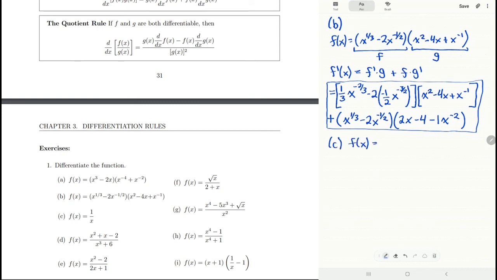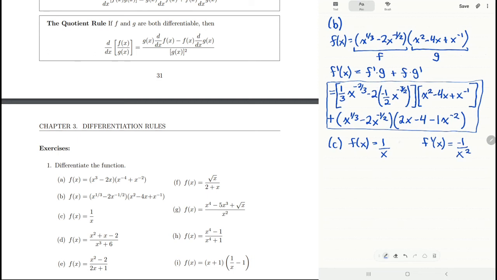In the next example, we have the reciprocal function, which is 1 over x. We know from the previous few videos that the derivative was negative 1 over x squared. So we're going to apply the quotient rule to obtain the same derivative formula that we had earlier. With 1 over x, we have the division of two functions, so we will apply the quotient rule.